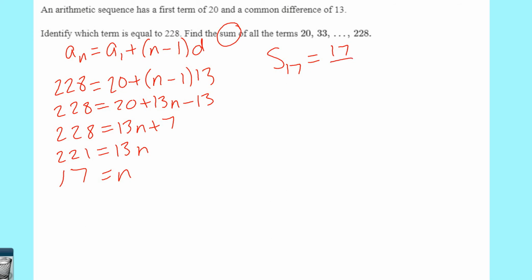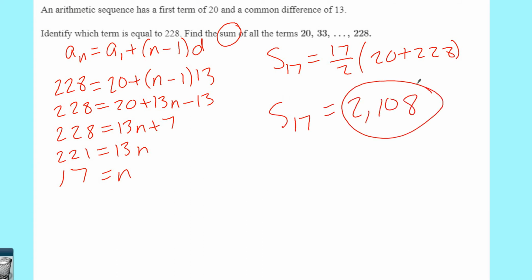We would do 17 over 2 times the first term, 20, plus the last term, 228. So let's work it out. 17 divided by 2 times 248 is, the sum of the first 17 terms is 2,108. There's your two answers.